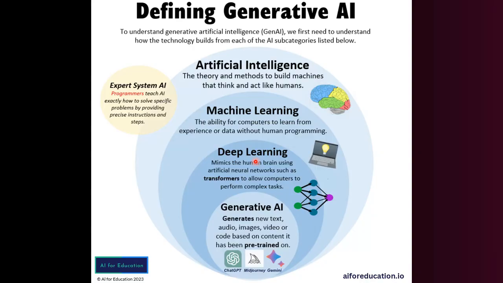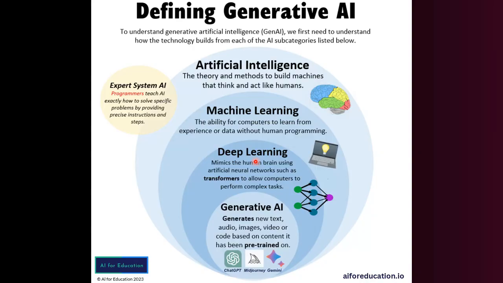Then generative AI started, creating new content like generating text or images, or, as we see these days, code or even audio. So this is the positioning of generative AI as a general concept.